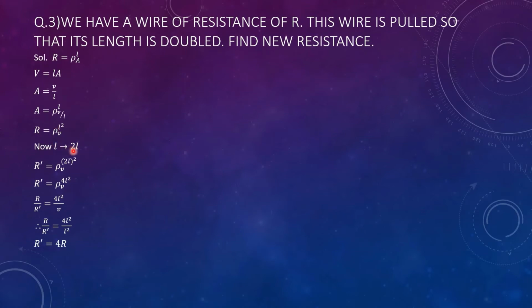L replaced by 2L. So here it becomes 2L whole square, that is 4L square. Here by mistake V is written, so you will write L square. This step you can cut, no need. This is wrong. R upon R dash equal to 4L square upon L square. L square will cut, cross multiply. New resistance will be 4 times of its original resistance.